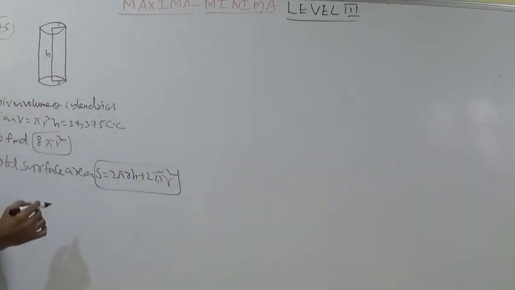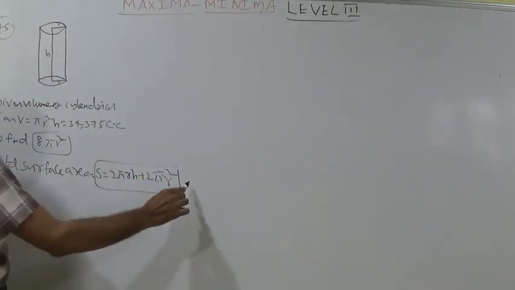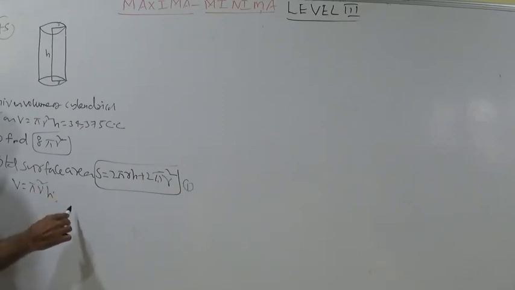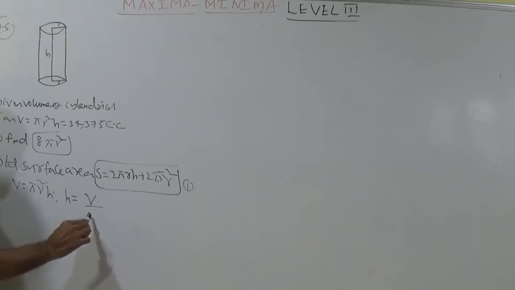Let it be the first equation. V is equal to pi r square h. Using this, h is equal to V by pi r square.